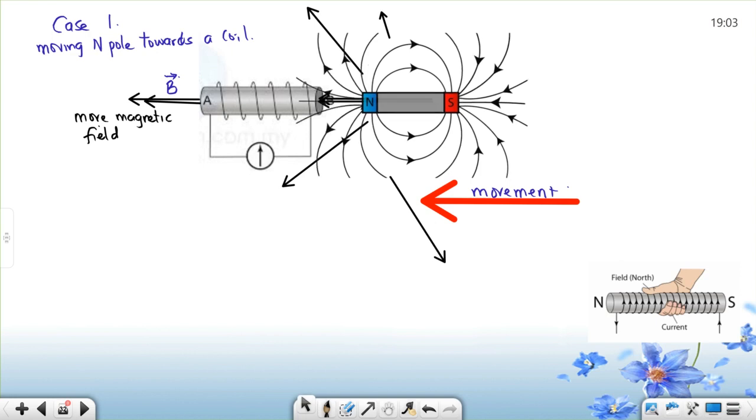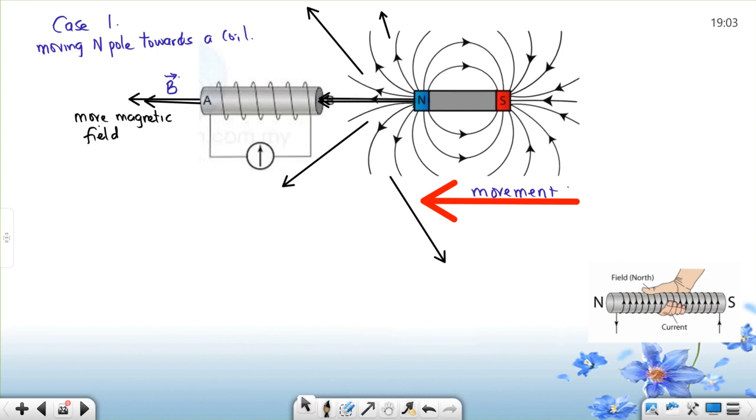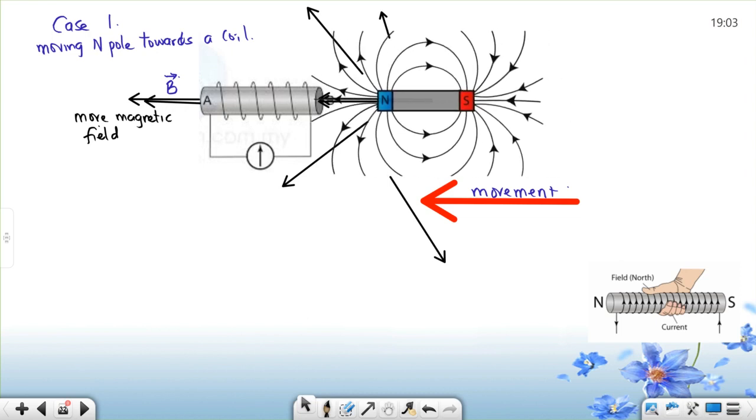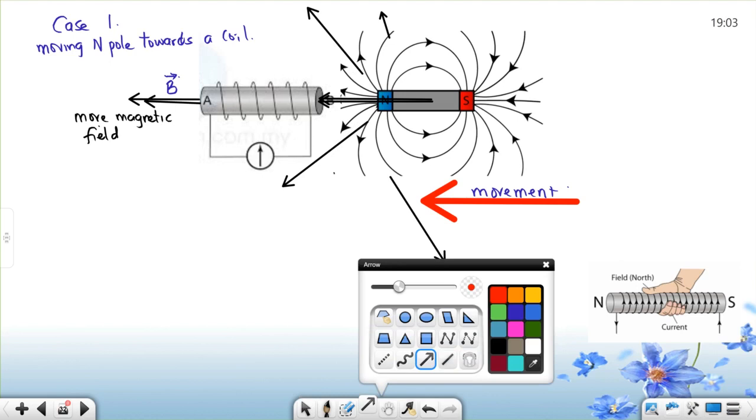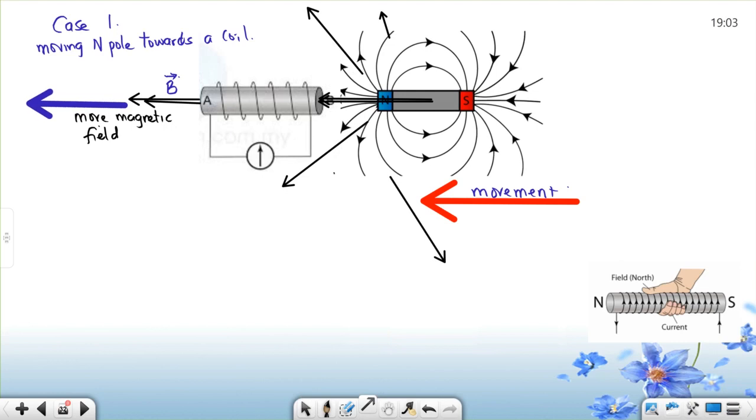Remember, the magnetic field was not so much at first, but once we move, more field lines now go through. So we create a change in magnetic field. The change would be in this direction. If you get that, we are almost done.